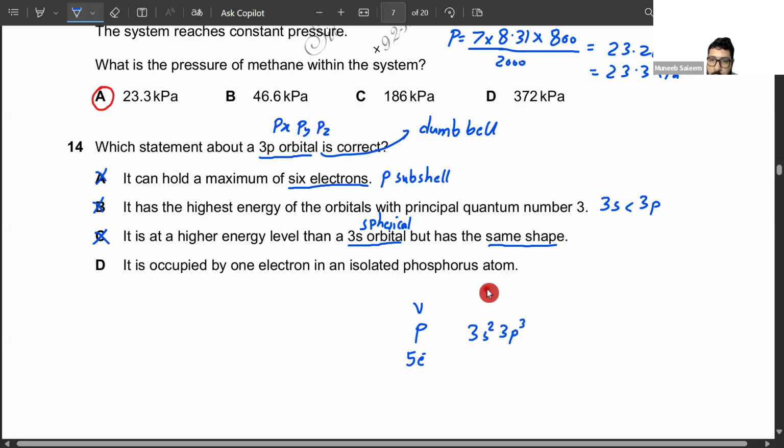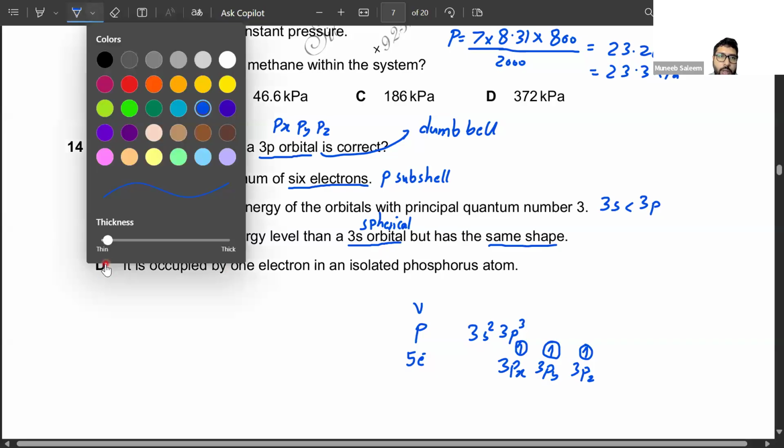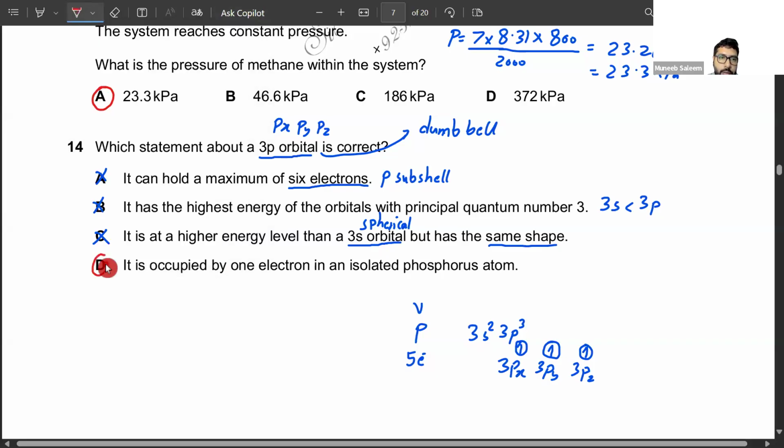Now, there are 3 electrons in p subshell, but if we elaborate this 3p into its respective orbitals, we will write like this: 3px, 3py, 3pz. Now they are 1 electron each in these orbitals. All the 3 orbitals of p subshell occupy 1 electron each, so that is a correct statement according to the given option. So D is a correct answer.